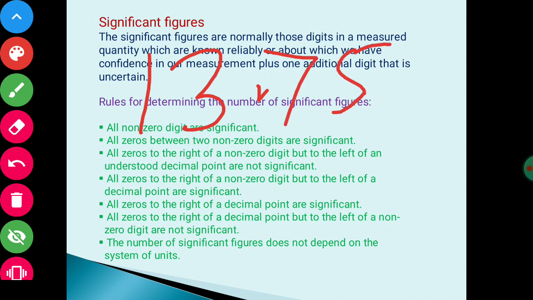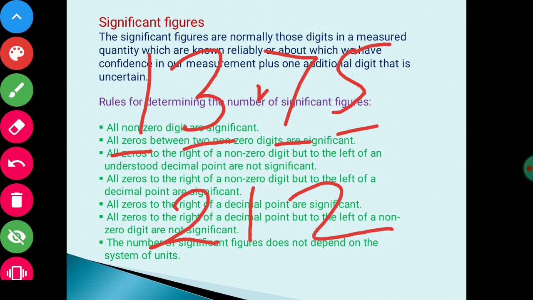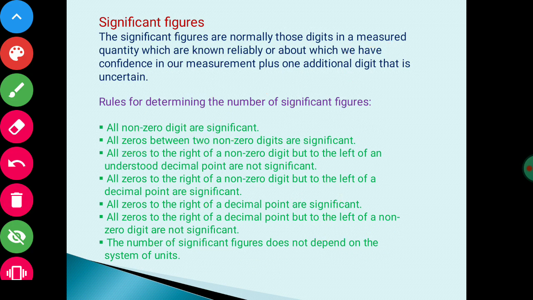How many significant figures are there? According to the rule, all non-zero digits are significant, so the significant figures are 4: 1, 3, 7 and 5. One more example, 212. How many significant figures? 3: 2, 1 and 2. All non-zero digits are significant.